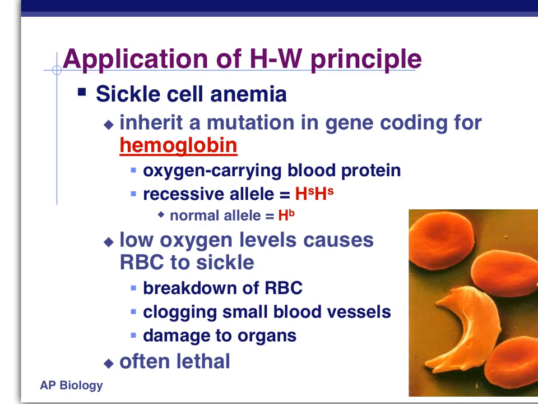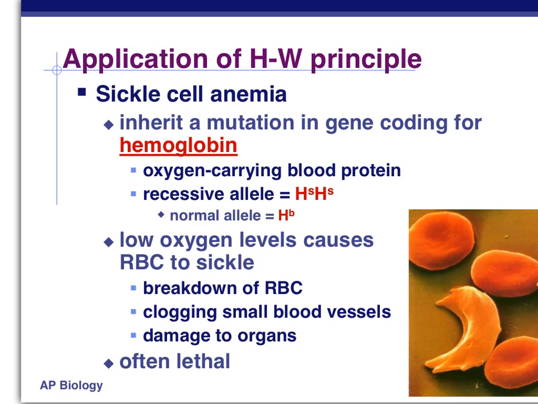Low oxygen levels cause your red blood cells to sickle, to take on a half-moon, very rigid and sharp appearance if you have this condition. It also results in the breakdown of red blood cells, and it can cause the clogging of very tiny blood vessels, especially the ones in your eyes.